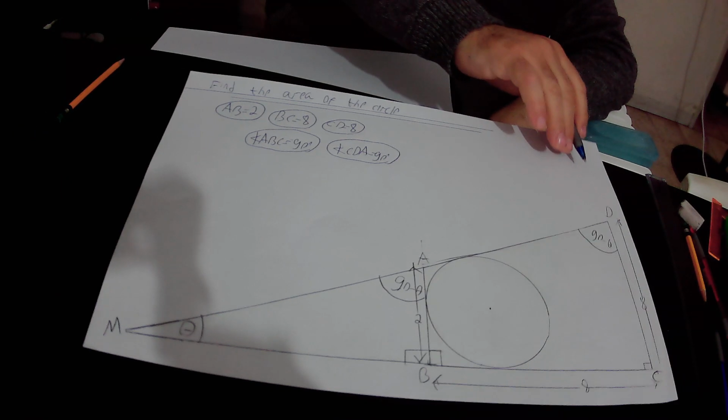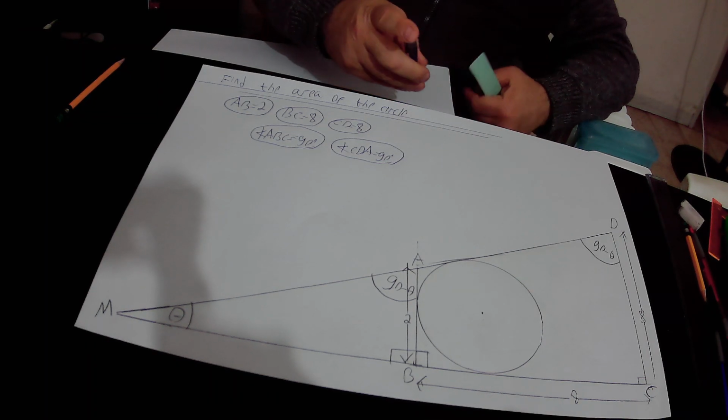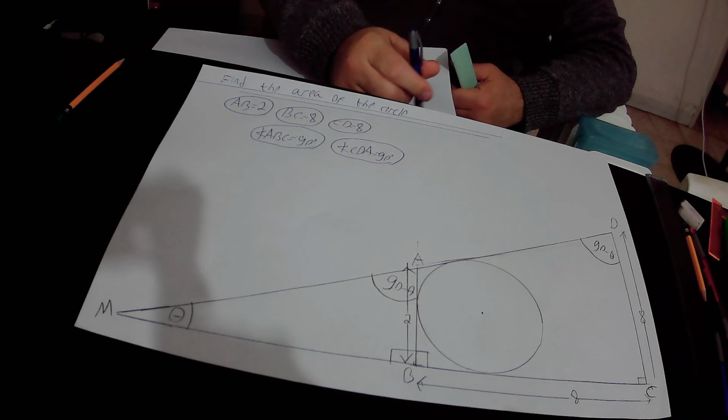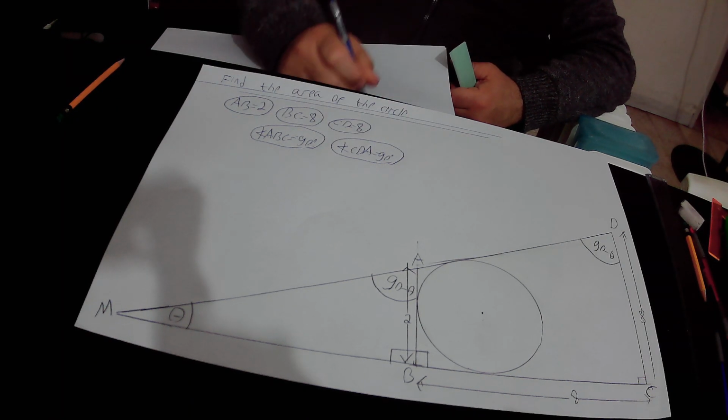The big right triangle DCM is similar to the small right triangle MBA.